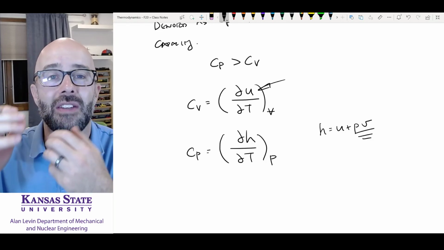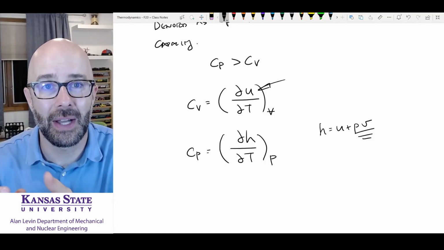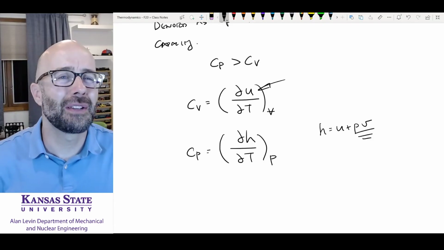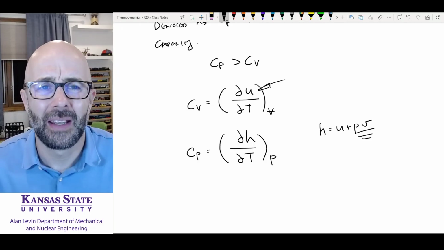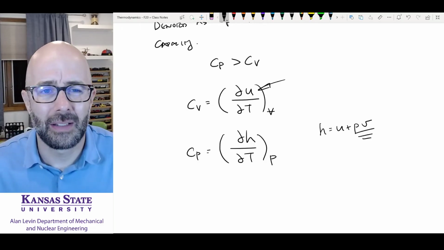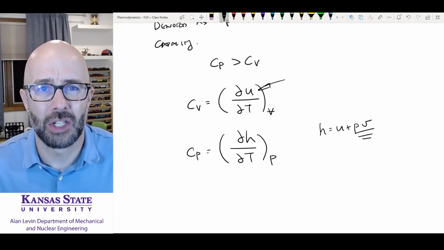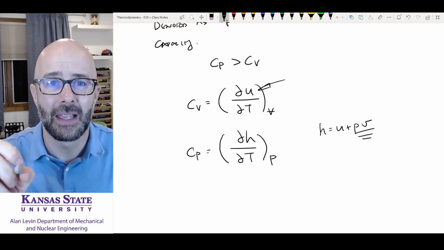It is just how we defined or created these values. That can be very confusing to students as we get started, and I'll elaborate on that in more lectures, especially when we talk about gases.